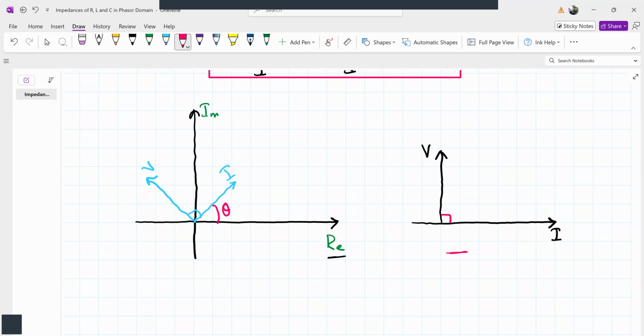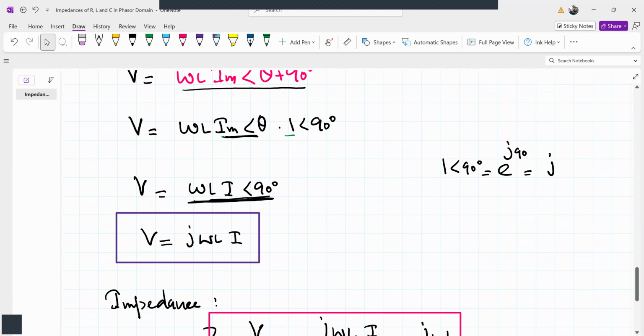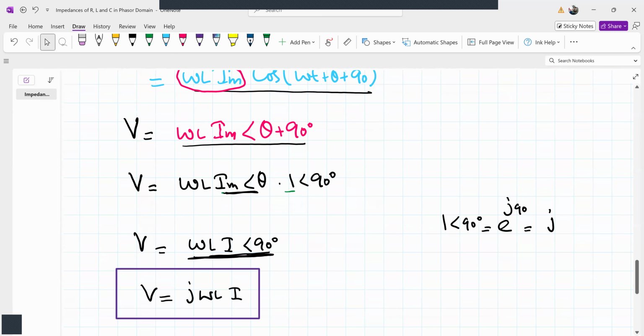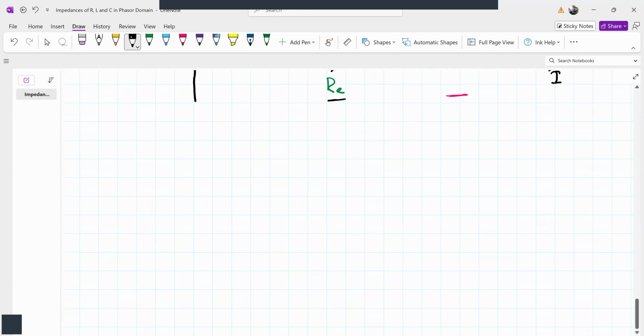So what we learn is that voltage leads the current by 90 degrees. In other words, current lags the voltage by 90 degrees. So what is the phase of voltage? If the phase of current is theta I, and theta I is theta, then what will be the phase of voltage?